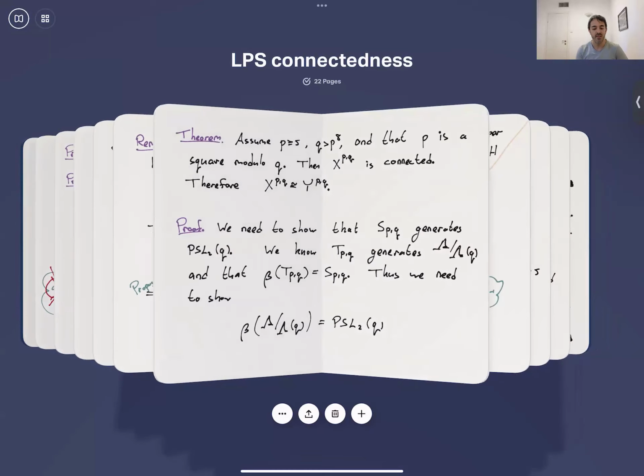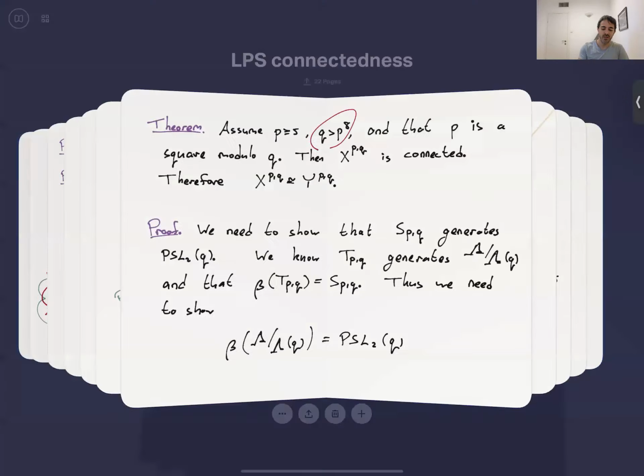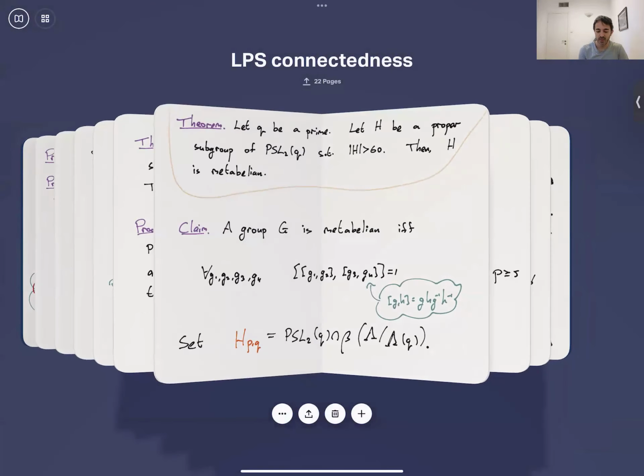And then afterwards, we'll show the main theorem, which says that, assume p is at least 5 and maybe congruent to 1 modulo 4, because we're working with PSL2 and not the coset. And assuming q is sufficiently large, and p is a square modulo q, all of these assumptions that we gathered, then xpq is connected, and therefore it's isomorphic to ypq.